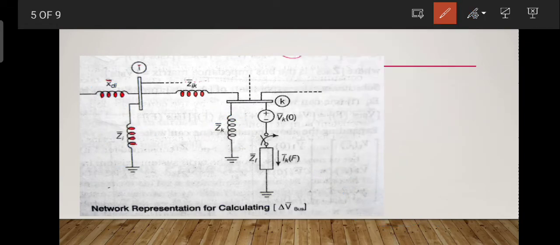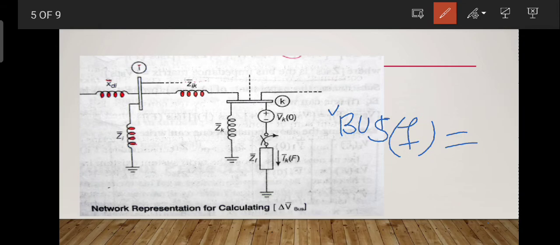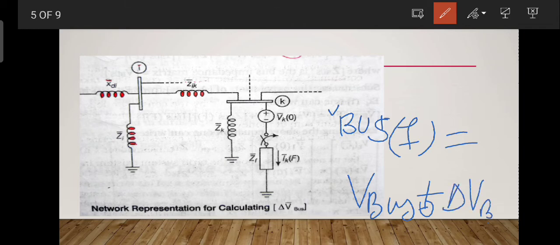So here V_bus during fault is equal to the pre-fault voltage V_bus0 plus the change in the voltage when the fault occurs, that is delta V_bus.